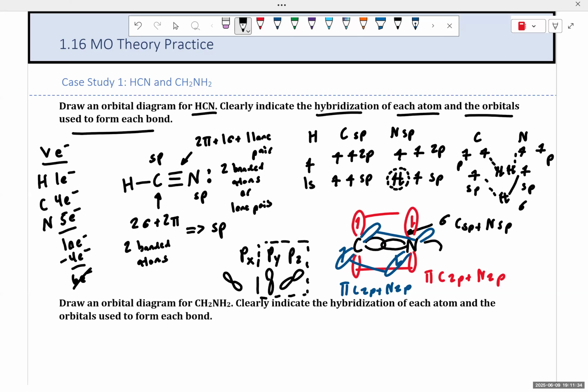Now, it's important to note the nitrogen lone pair is held in an sp hybrid orbital. Finally, the carbon-hydrogen bond, which is a sigma bond, is formed via the overlap of the carbon sp and the hydrogen 1s orbital.